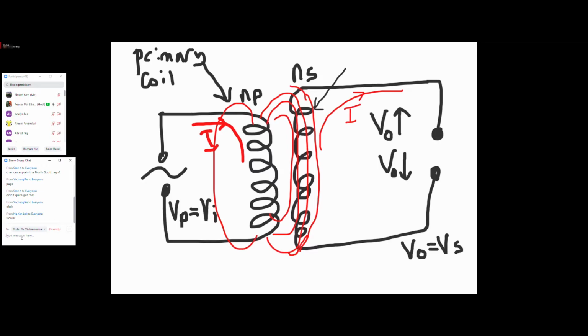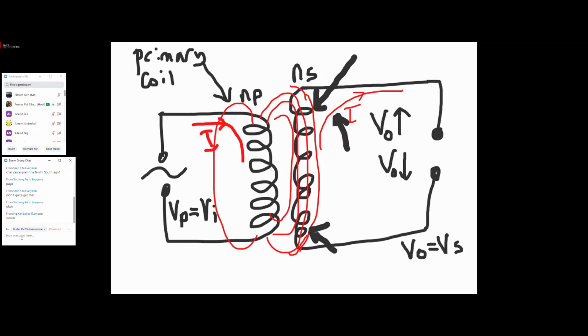So the secondary coil constantly undergoes changes of flux, and it will produce induced current.